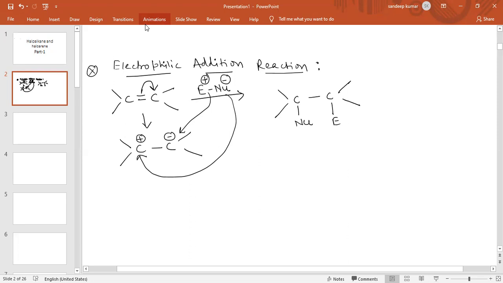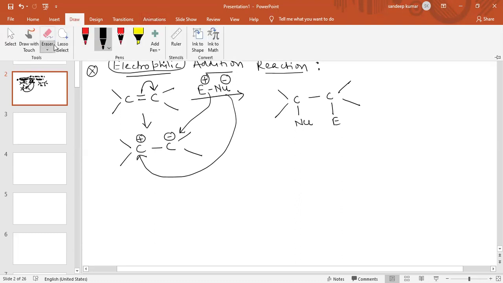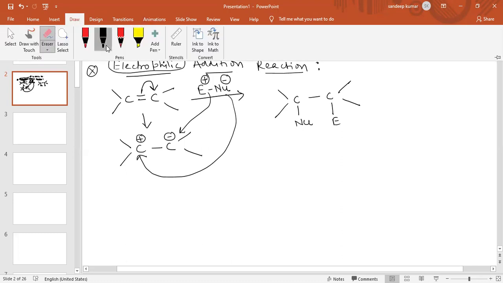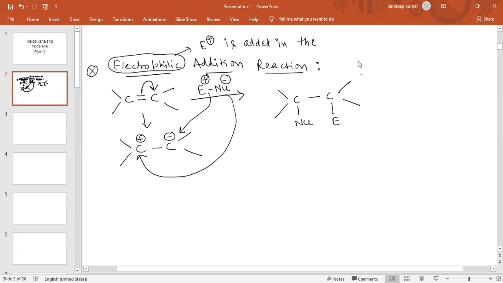So why is this reaction called an electrophilic addition reaction? Because the electrophile is added in the first step.